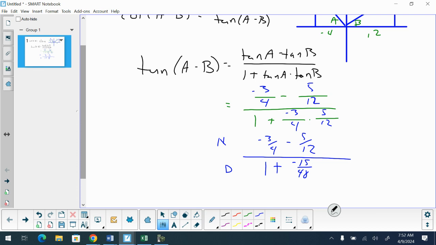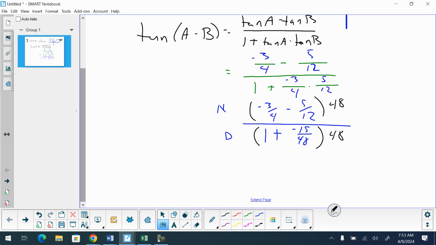What would be a common denominator between 4, 12, and 48? 48. That's why, Maddie, I said let's leave it as 48, because what you have down here, we're going to multiply everything, numerator and denominator, by this value of 48. Once again, we are creating equivalent fractions.